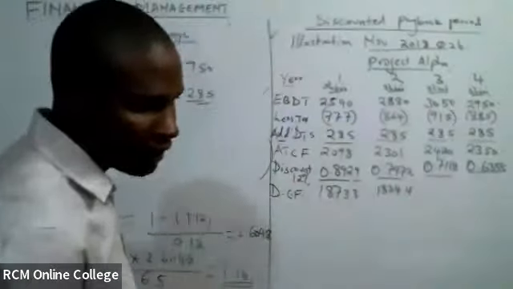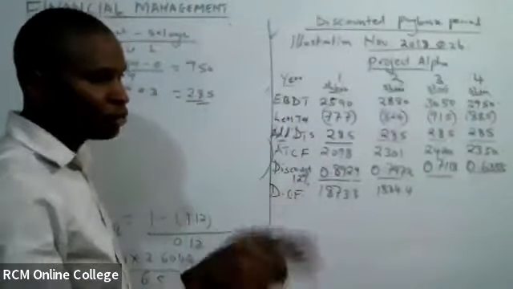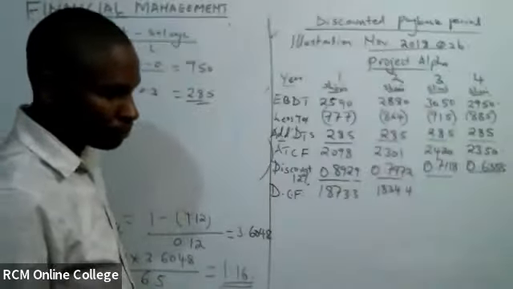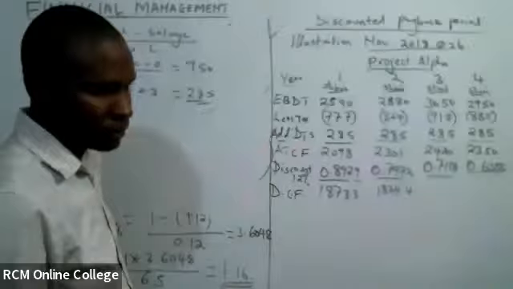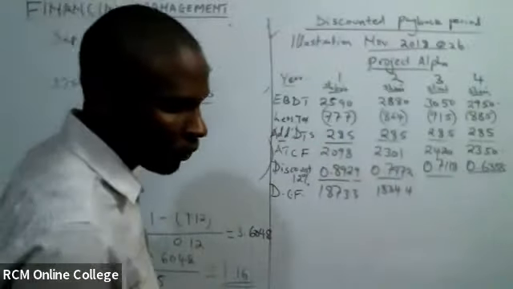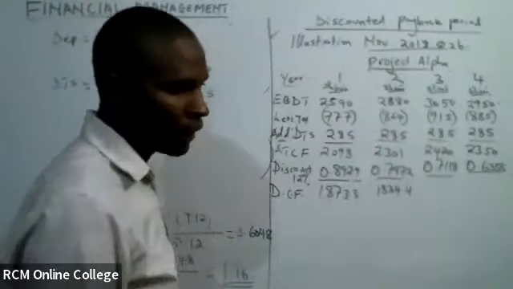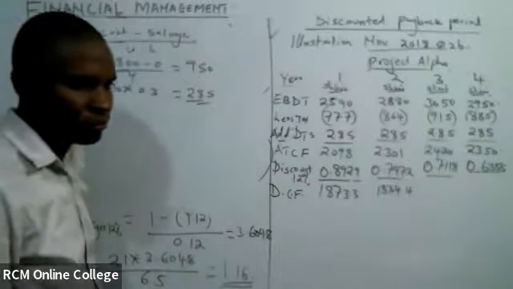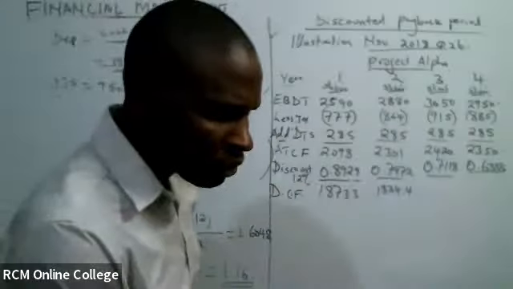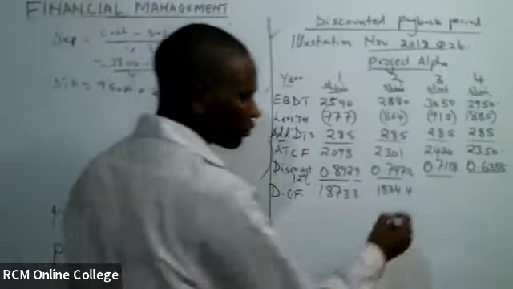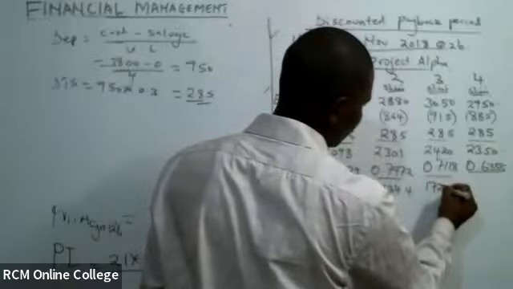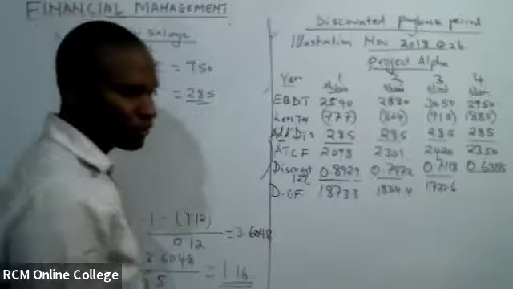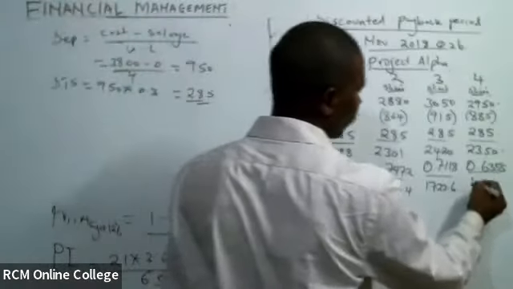Number 3, 1722.6. And the last one, 1493.4. And remember speed, what you do in the chat box means a lot. Utilize your chat box well.